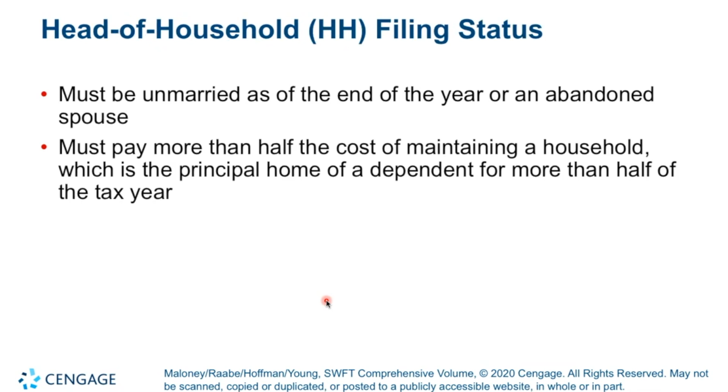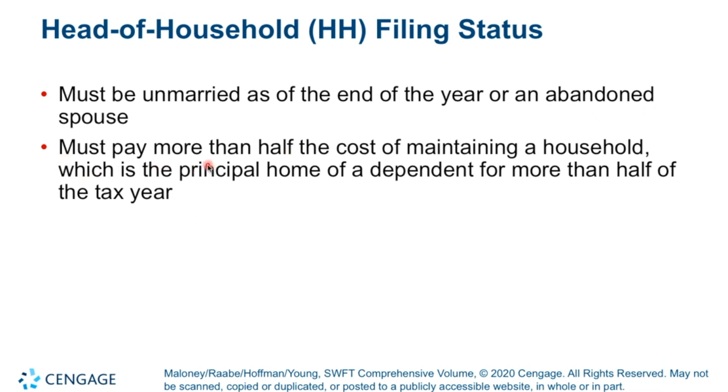So head of household filing status must be unmarried as of the end of the year, or they're very strict qualifications, but someone who's married can qualify as long as they have not lived with their spouse and they're considered abandoned.